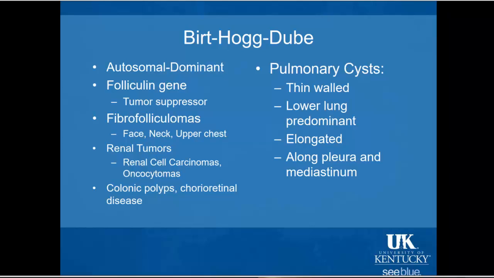And the renal tumors that we get, instead of angiomyolipomas in LAM, we get renal cell carcinomas and oncocytomas in Birt-Hogg-Dubé. The pulmonary cysts we get are thin-walled again, but lower lung predominant, unlike LAM, which is more diffuse. So the ones in Birt-Hogg-Dubé are lower lung predominant, and they tend to be more elongated and occur along the subpleural lung and along the mediastinum. So the shape and distribution of these cysts can help us distinguish them from the ones found in LAM.